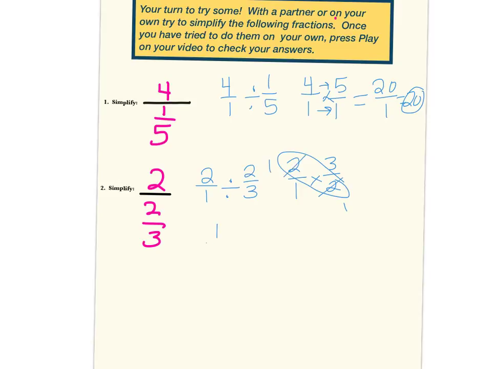I like to make it a little neater. 1 over 1 times 3 over 1. Multiply straight across. 1 times 3 is 3. 1 times 1 is 1. Our final answer is 3. These are kind of fun because we look at these problems at first and they might seem overwhelming, and it looks like we have a lot of numbers going on, but when we simplify them, it's already what we've done before, and in these two instances, we end up with a whole number.